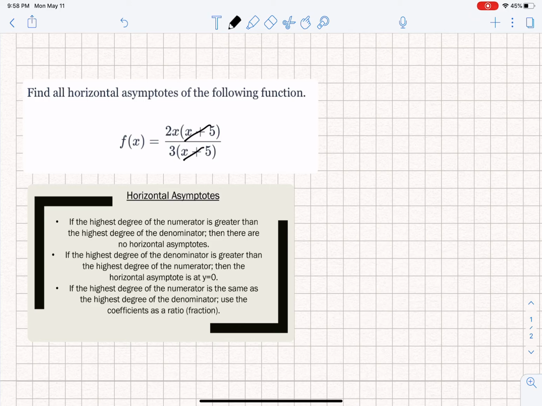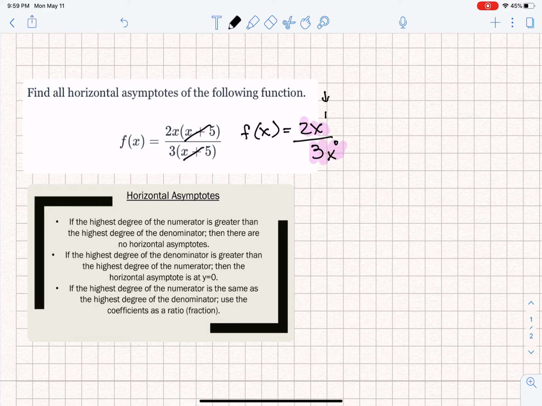Okay, so now if I were to rewrite my function in simplest form, I would have 2x over 3. Well, what is the highest degree here? Well, it's this one, right? Which is to the first power. This one, well, we don't have anything else, so this is the highest power. All right, so which one is bigger, the 1 or the 0?